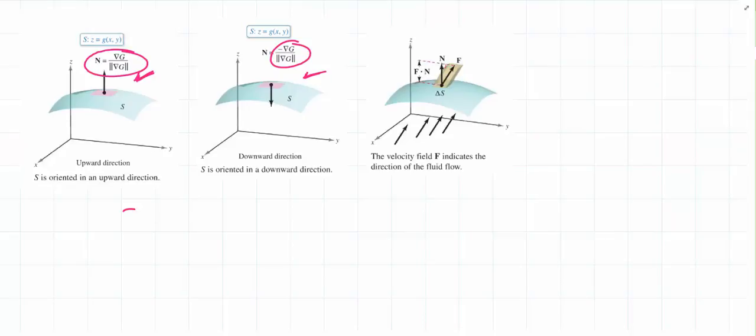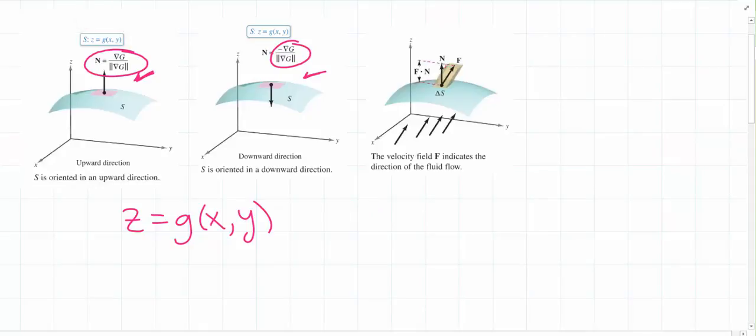Let's suppose that you have a surface, and I want to write that so that it presents itself as a level surface. Let's just take the g of x y and put it over here with the z.